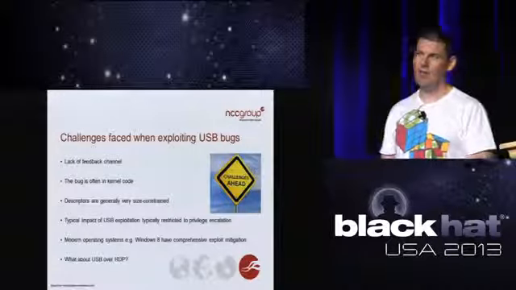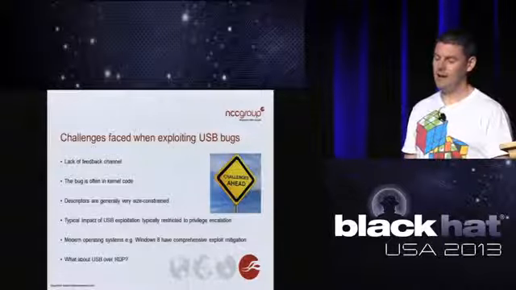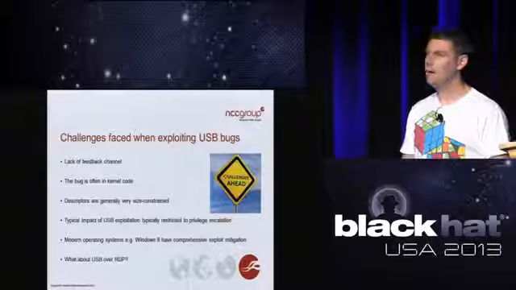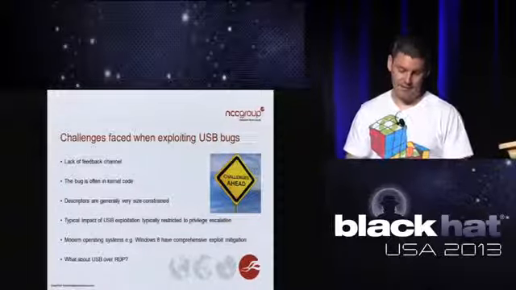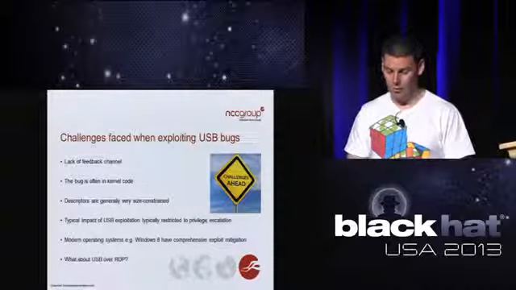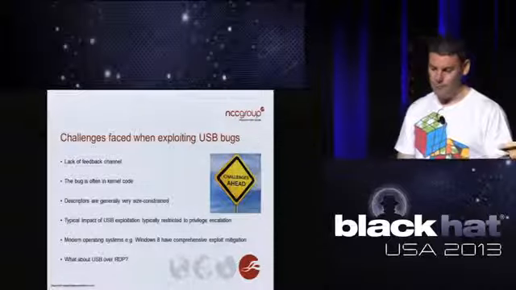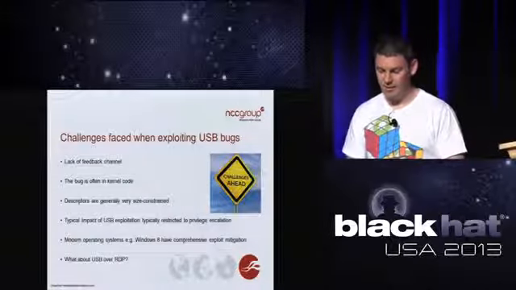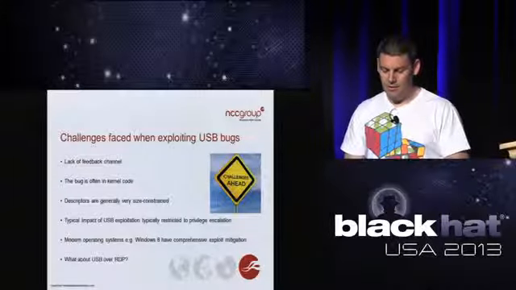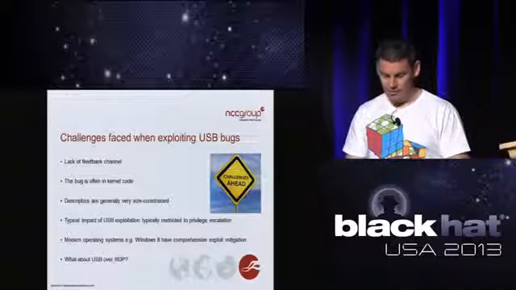So unless it's within the class specific information, for which there's a bit more flexibility, that's something that makes your life quite difficult. As I mentioned, the typical impact is privilege escalation, and the exploit mitigation stuff I've also mentioned.